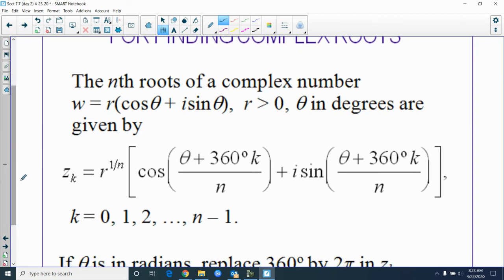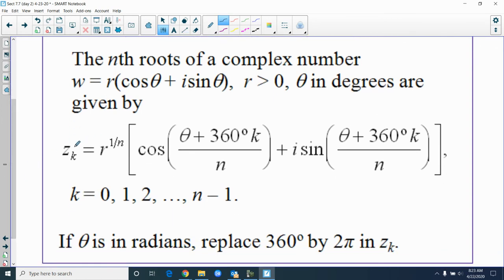We get multiple answers when we do square roots, cube roots, fourth roots. So here's the deal. z sub k is going to go from 0 to n minus 1.